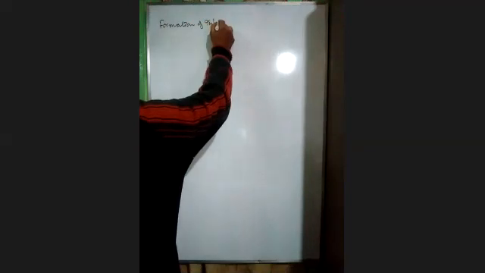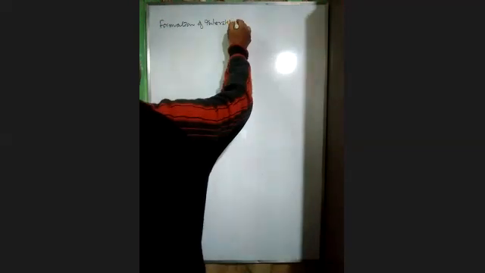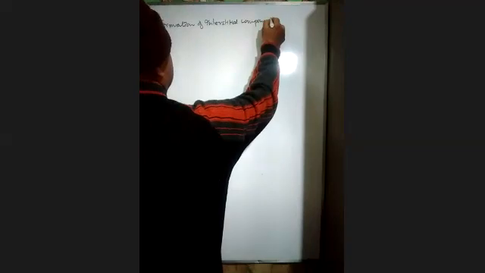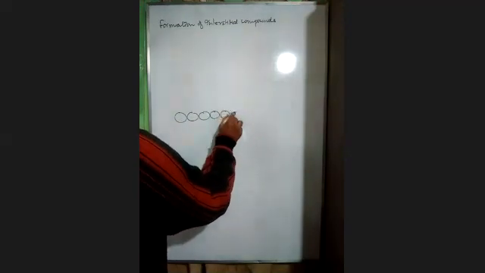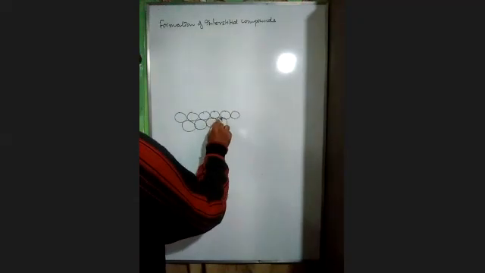So now it's called formation of interstitial compounds. Now, what is interstitial compounds? You see first. See, these are the atoms. So please excuse me for bad drawing. See, these are the atoms.